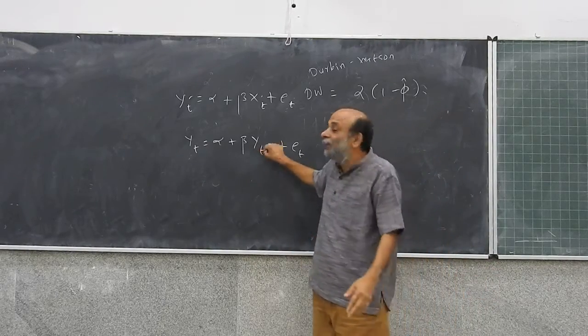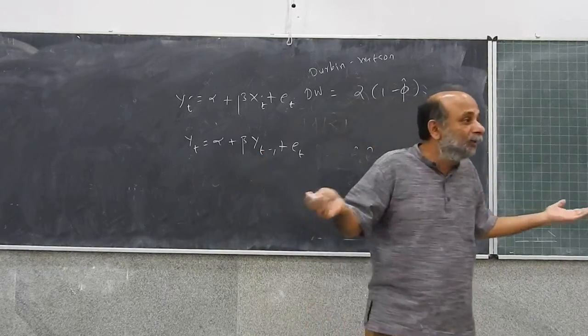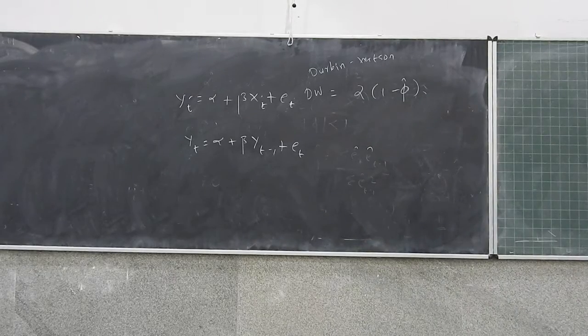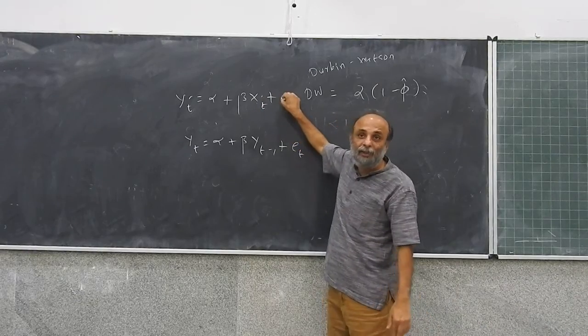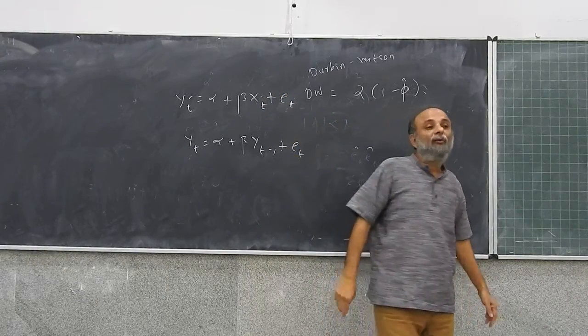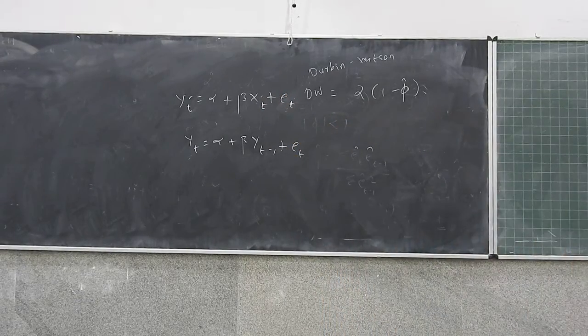If yt is a random variable, yt minus 1 is also a random variable, just the one period past value of yt. So like xt is a random variable, et is a random variable, I have no way of ensuring that the covariance of xt and et is equal to 0. In fact, in this case, yt and et are correlated, and yt and yt minus 1 are also correlated. So in all probability, yt minus 1 and et will be correlated. So obviously you can't use OLS.